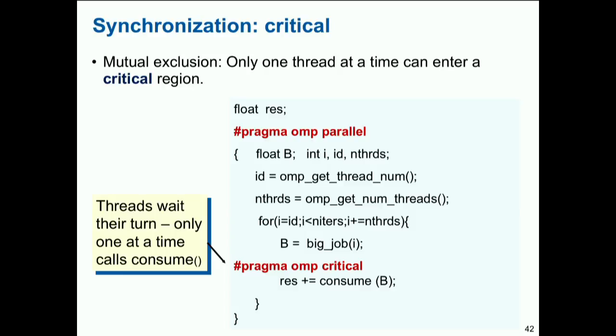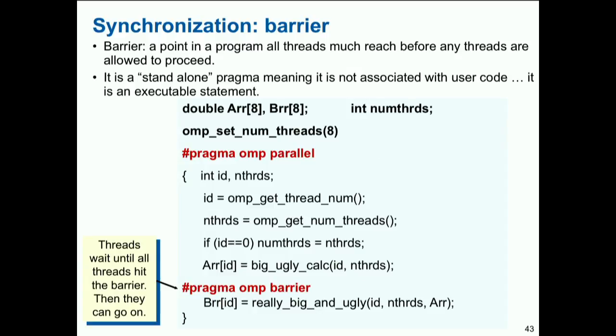Or if you put a block, that's fine. And the second synchronization construct that's important to remember is a barrier. And what does a barrier do? A barrier says, until all the threads reach this line called barrier, do not go beyond this point. Okay? Is that clear?